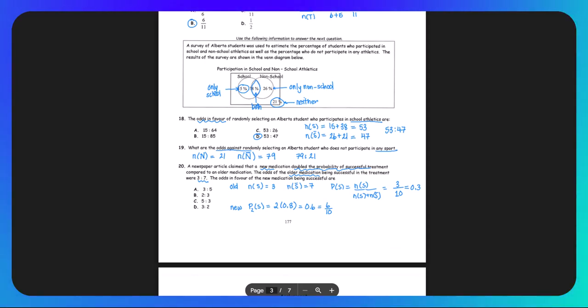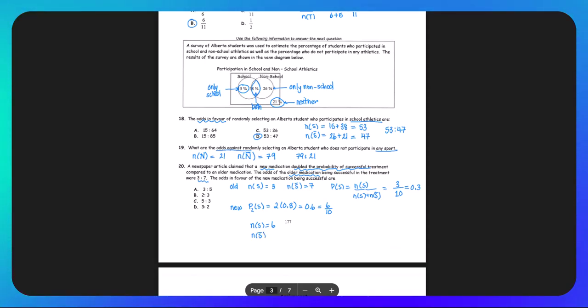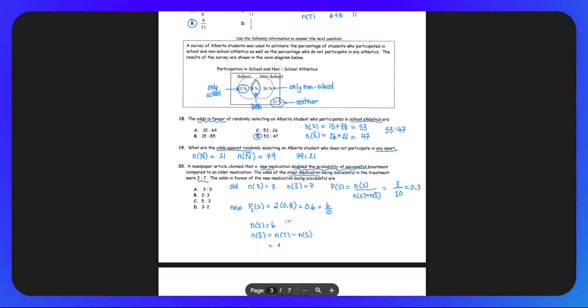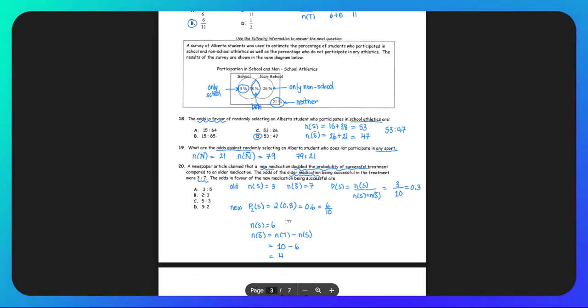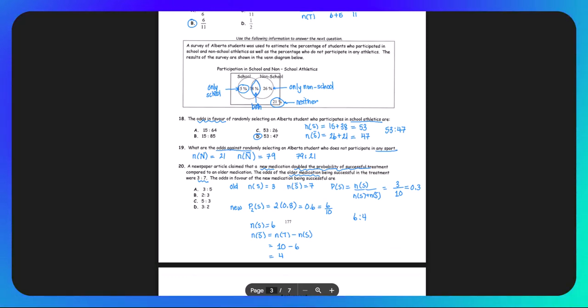So based on our probability, the N of success equals 6, where the N of not successful is going to be the total minus the N of success. In other words, I know this is the fancy math way, but we're going to say 10, that's the total, minus 6, which is 4. So the odds in favor is going to be 6 to 4, but we want to make that into a reduced odds statement and say dividing each side by 2, we get 3 to 2. And we're done.